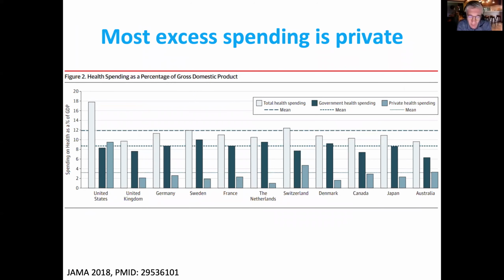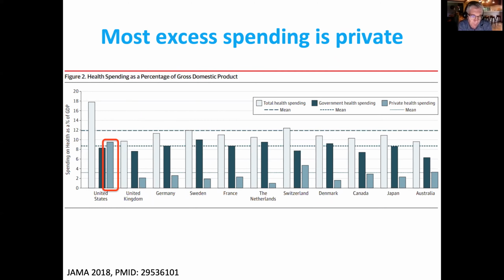Here you see 11 members of the OECD that we would consider kind of peer developed countries. And total healthcare spending is in the light bars. And you see that government healthcare spending, which is the dark bars, again, we're kind of middle of the road, nothing really extraordinary there, but private healthcare spending in the light gray bars, we kind of blow everyone else out of the water.